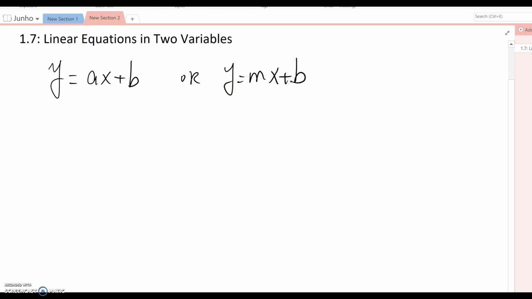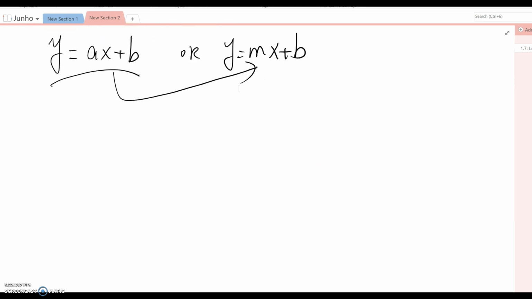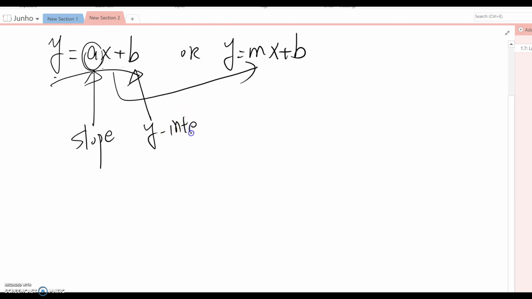But this time I want to focus on y equal to ax plus b and then go back to the other formula later. Based on y equal to ax plus b, we always call a the slope and b the y-intercept.